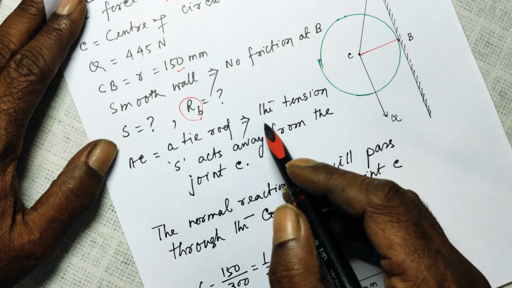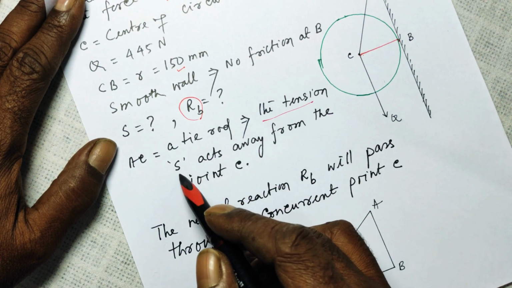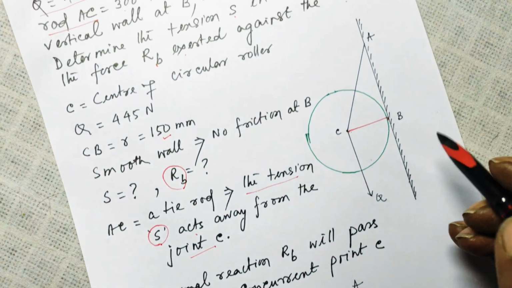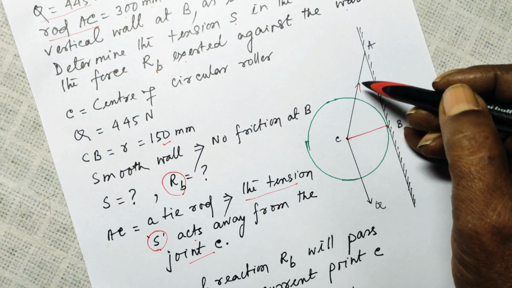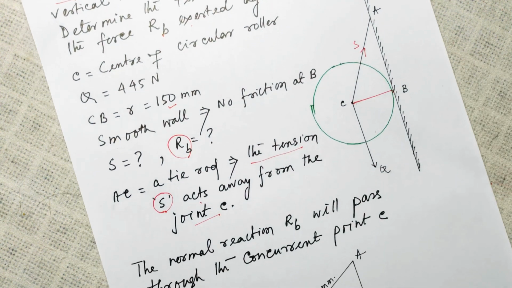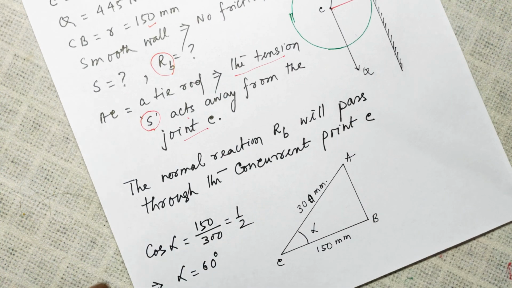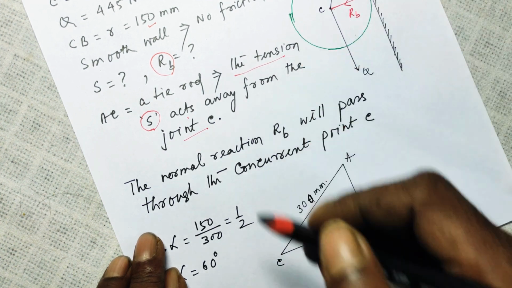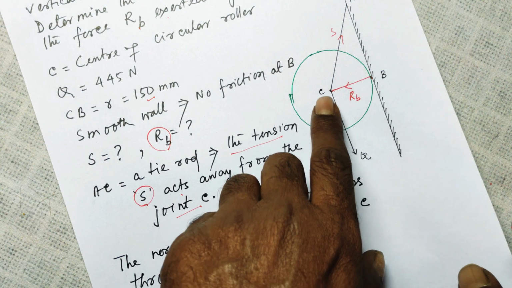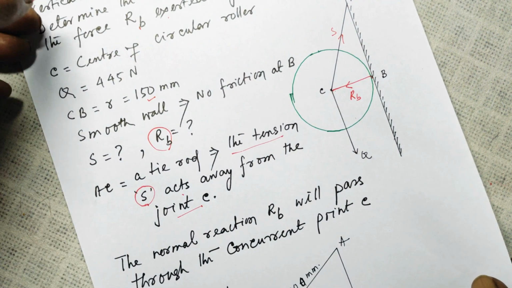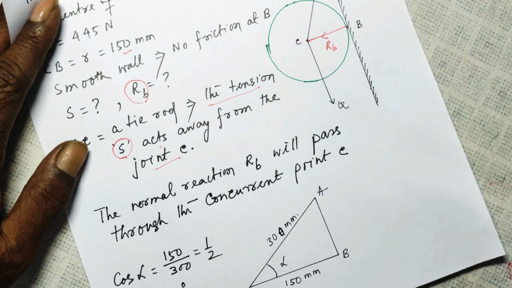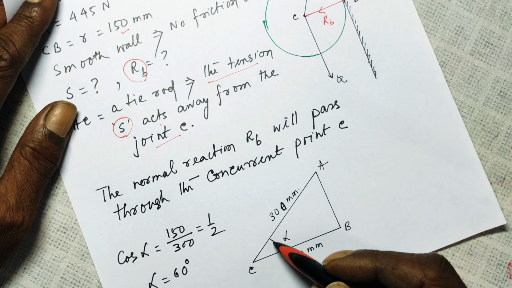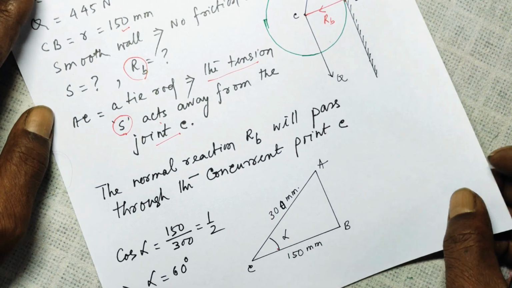Now, AC is a tie rod. Therefore, the tension, which is represented as S, acts away from the joint C. So the tension is away from the joint C. Now, the normal reaction RB will point to this side, passing through the point of concurrence, that is point C. Therefore, if you construct this triangle ACB, which I have constructed here, let this angle be alpha, you can take it theta, no problem.